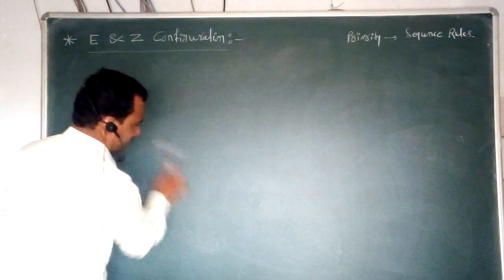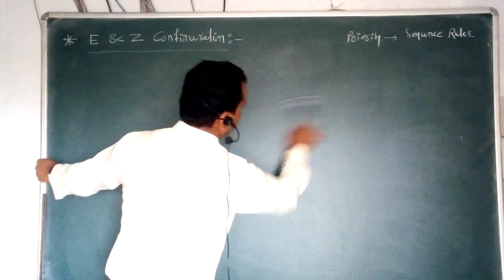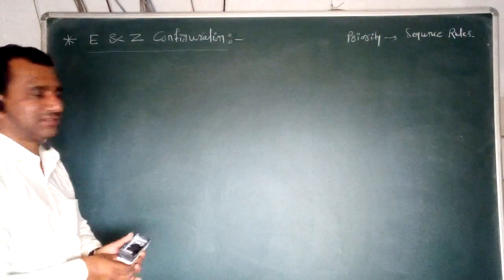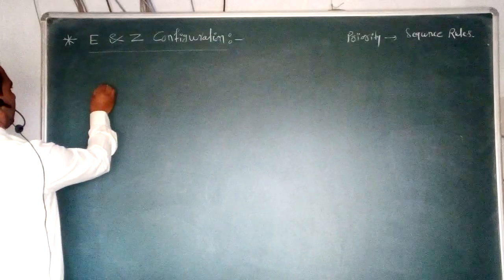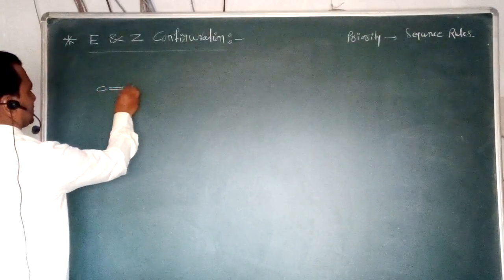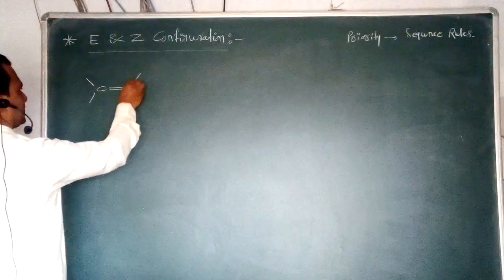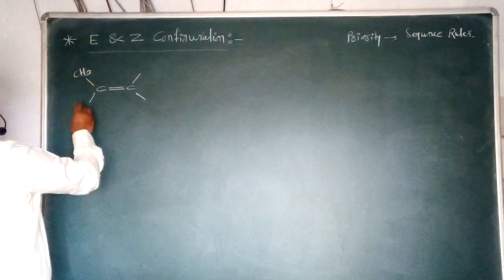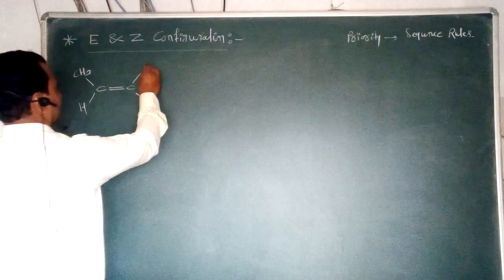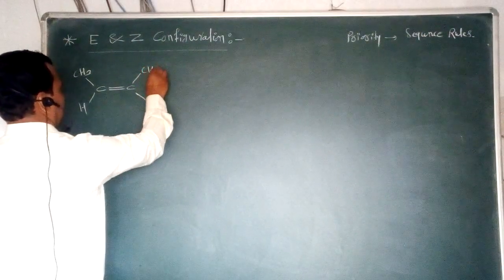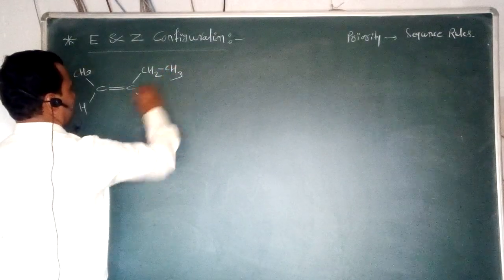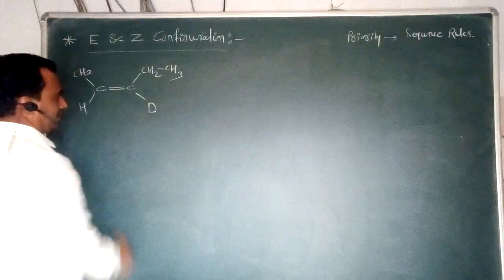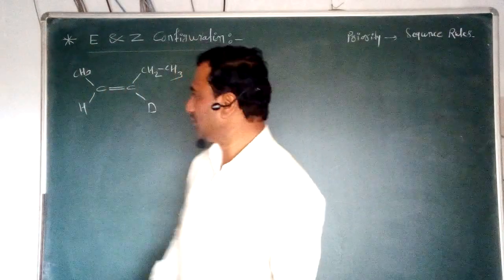Suppose I take the first simple example as C double bond C, where one carbon has a CH3 group and an H, and the other has a CH2CH3 group and deuterium.